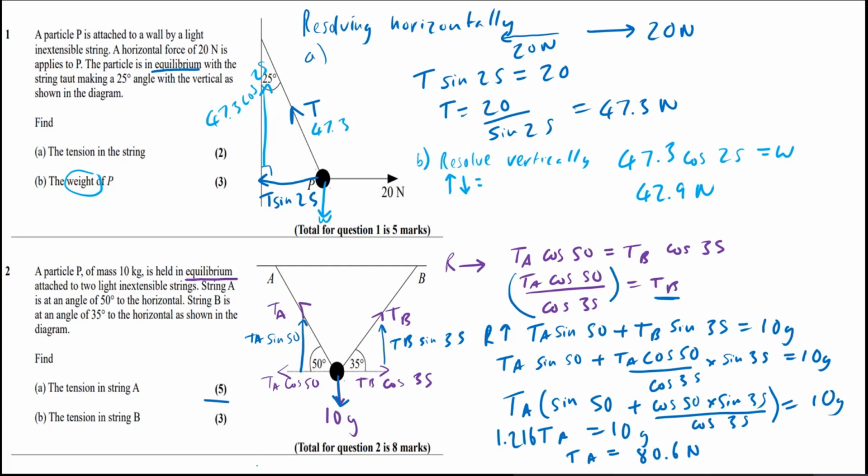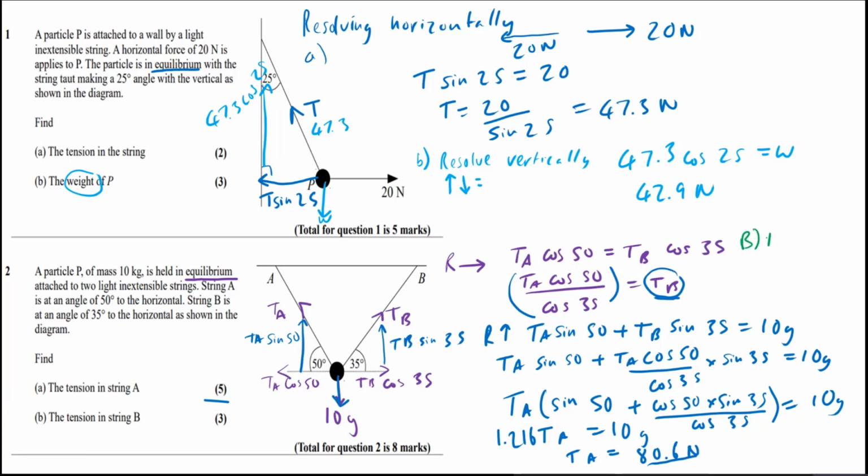And then to find TB, well, we've got the term in TB up here. And we know TA equals 80.6 now. So I'm just going to change colour so we can see that. Got some space here.